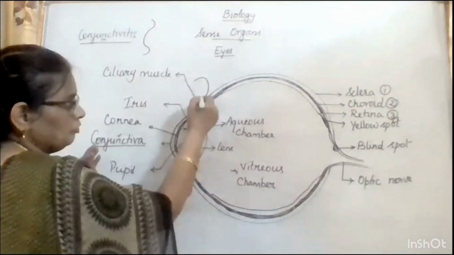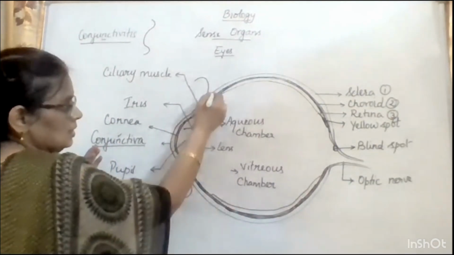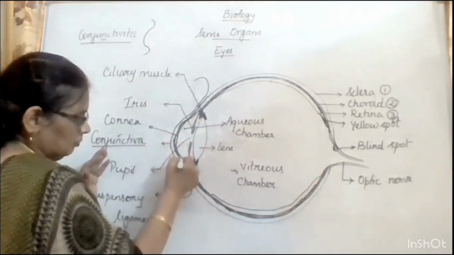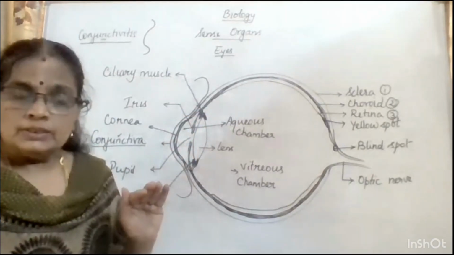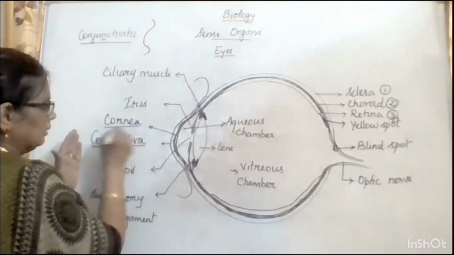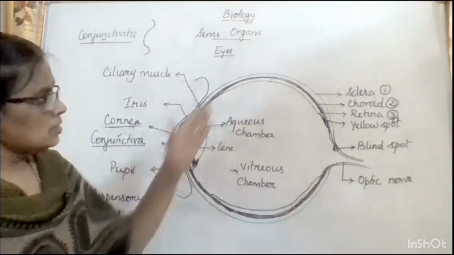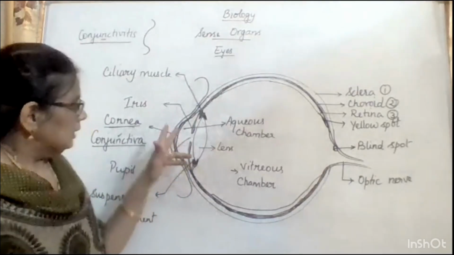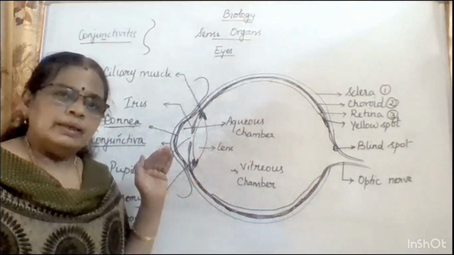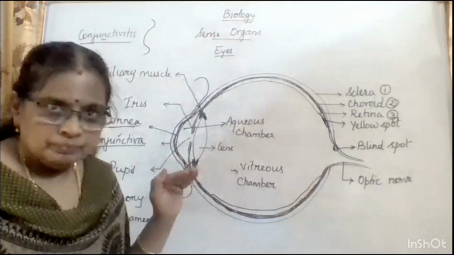When it comes to the front, it bulges. See, I have taken the sclera in the front and it is bulging. This region gets the name cornea. So sclera, when it comes to the front, bulges, becomes thinner, and gets the name cornea.